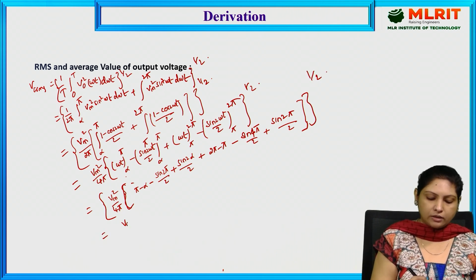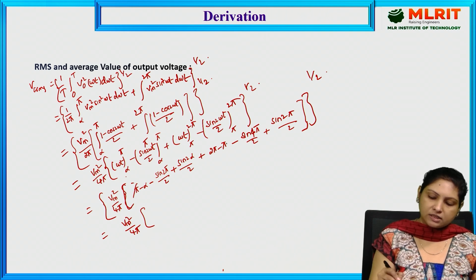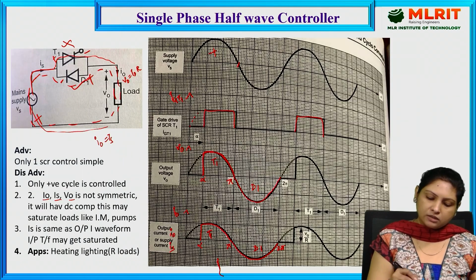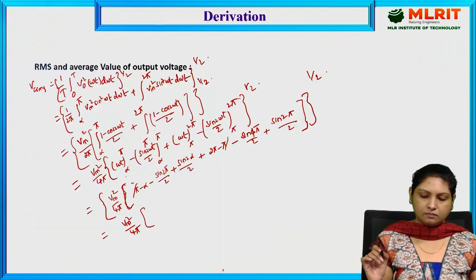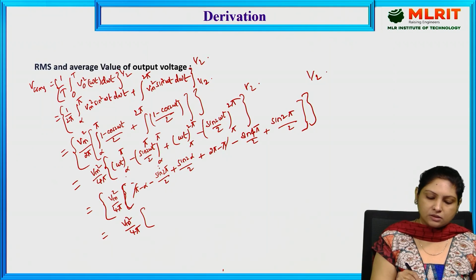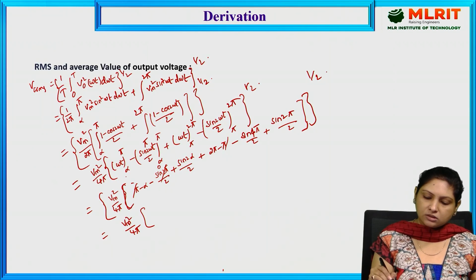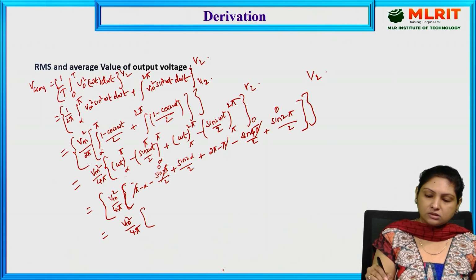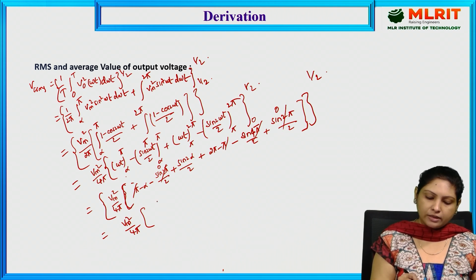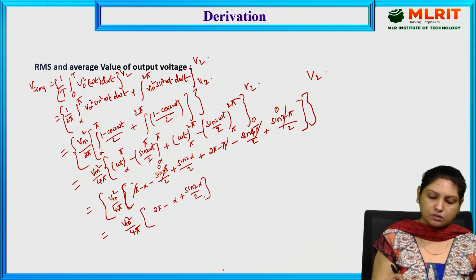And here we get Vm square by 4 pi. Further simplifying, pi gets cancelled. And here this term is 0, so we don't need to consider this. And this term is also 0. This term is also 0. So we get 2 pi minus alpha plus sine 2 alpha by 2, whole to the power of 1 by 2.